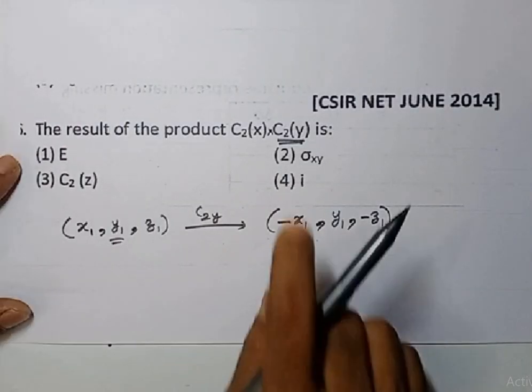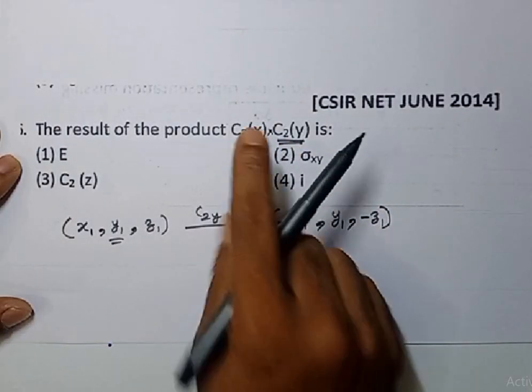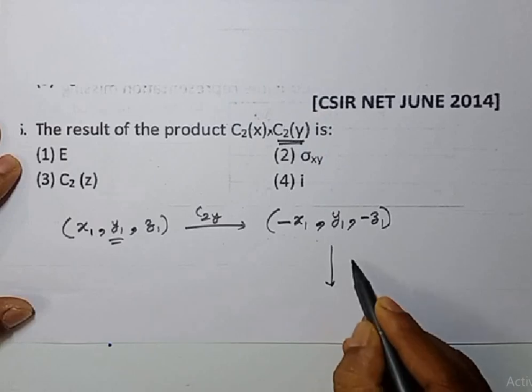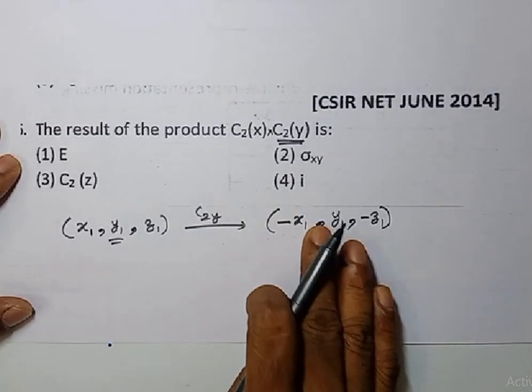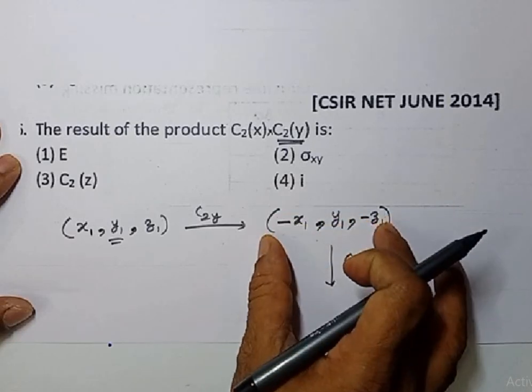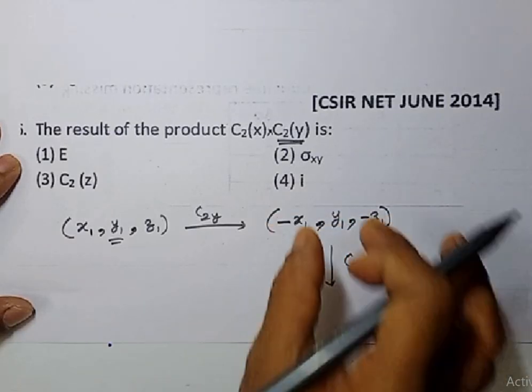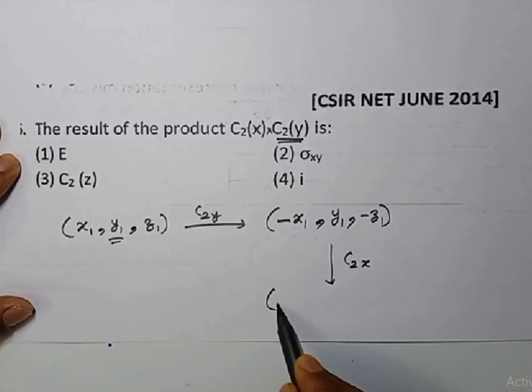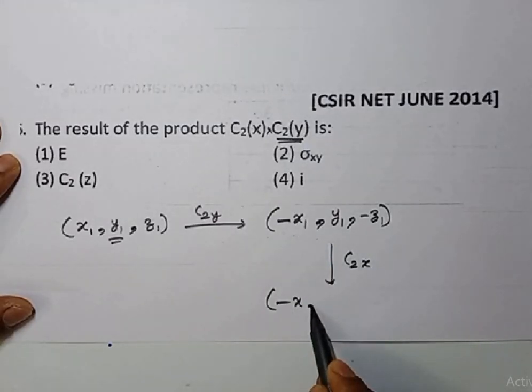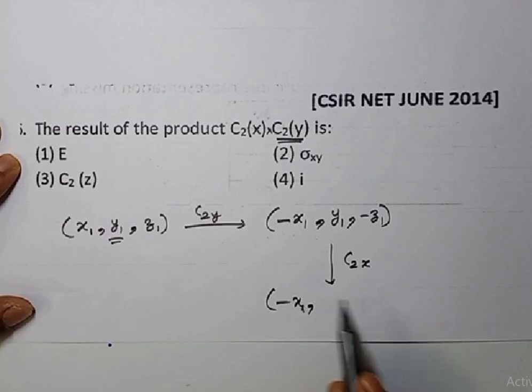Now what we have to do? After C2Y you should carry out another operation along the x-axis. In the result I'm applying C2X. So now I'm going to rotate along the x-axis. So x remains as such, minus x1 remains as such.